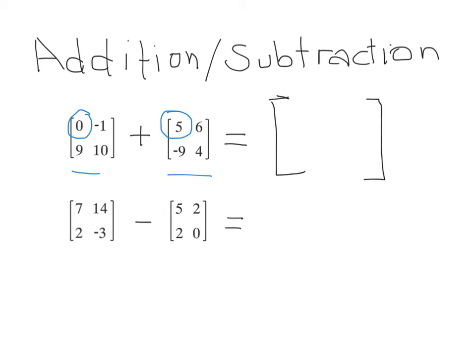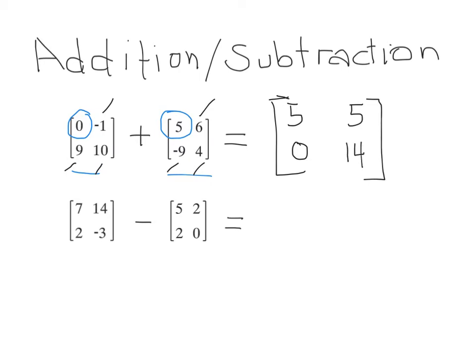So 0 plus 5, this would be a 5. Then -1 plus 6 gives me 5. 9 plus -9, or in other words 9 minus 9, gives me 0. And finally 10 plus 4 gives me 14.